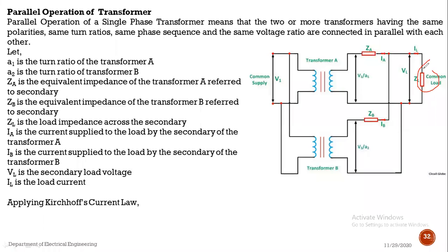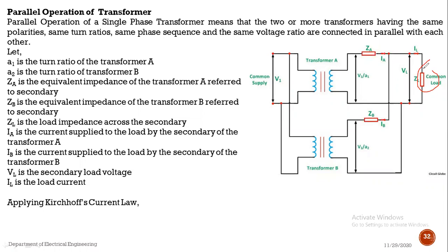Again IB is the current supplied to the load by the secondary of the transformer B. VL is nothing but the supply voltage, and the load current is equal to IL. Okay, so the load current is equal to IL.